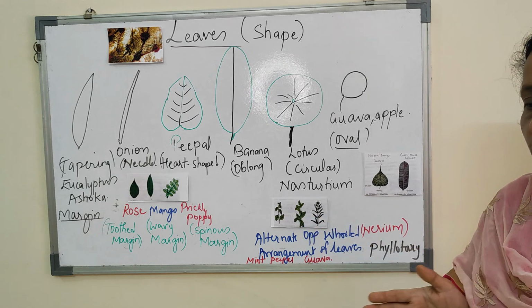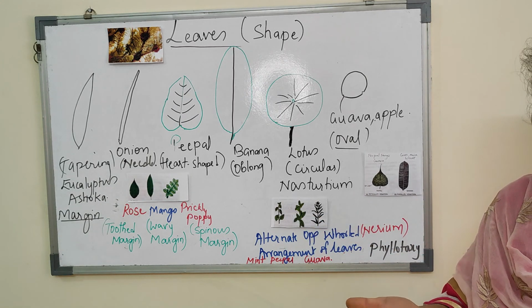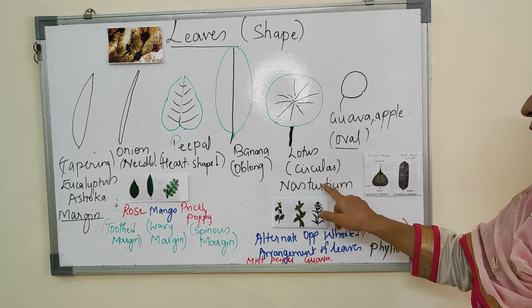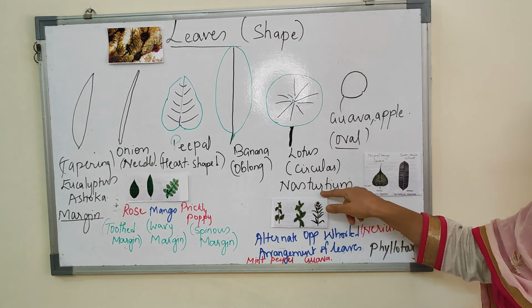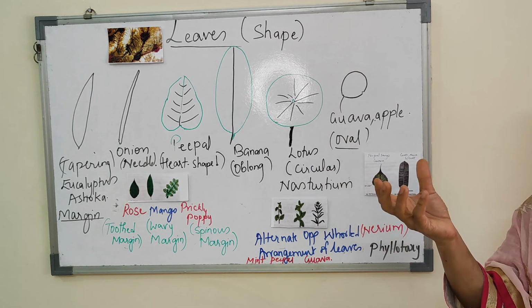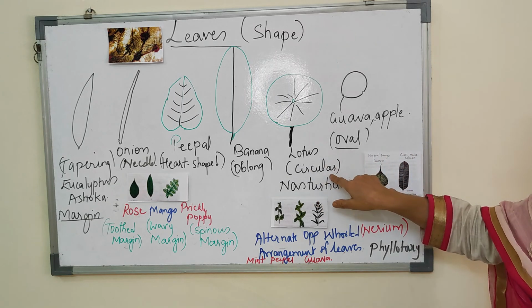Then circular. The leaves of the lotus are circular, floating on the water. Another example given in your book is nasturtium. They are also flowers, and they have leaves which are circular.